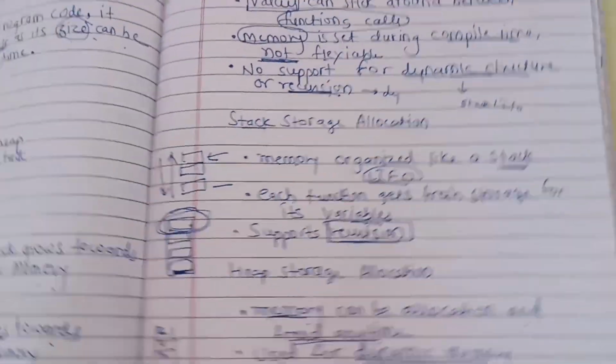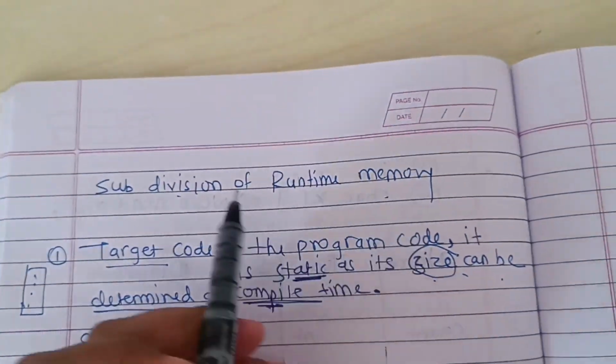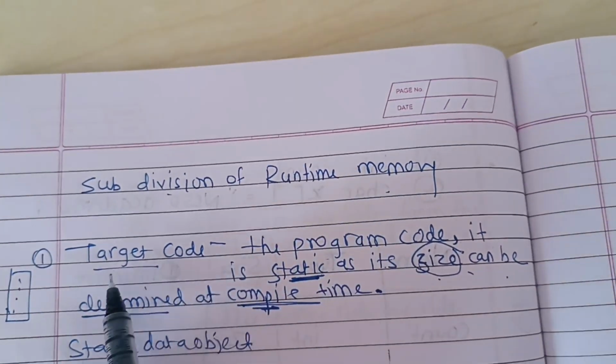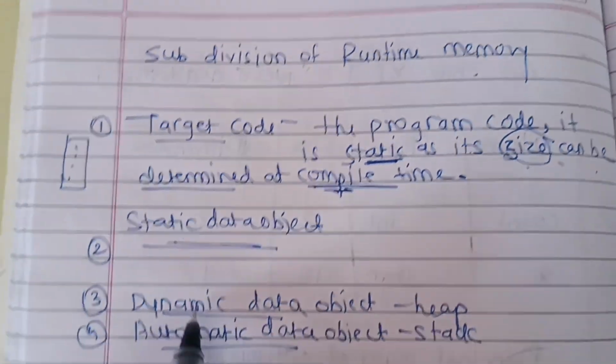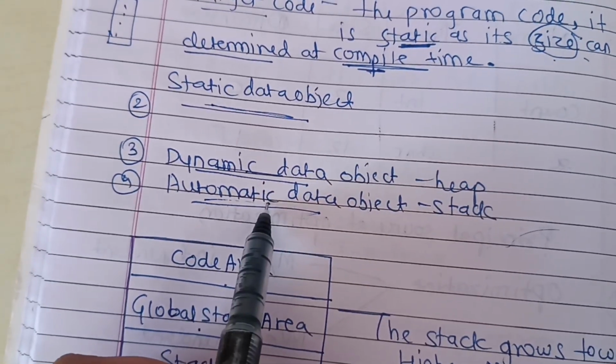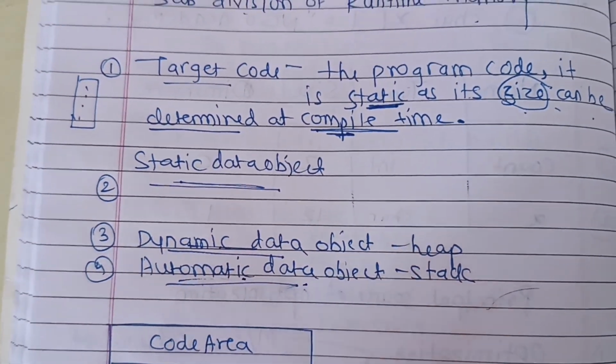So let's give a recap of what we studied today. Subdivisions of runtime memory: target code, static data objects, dynamic data objects, and automatic data objects.